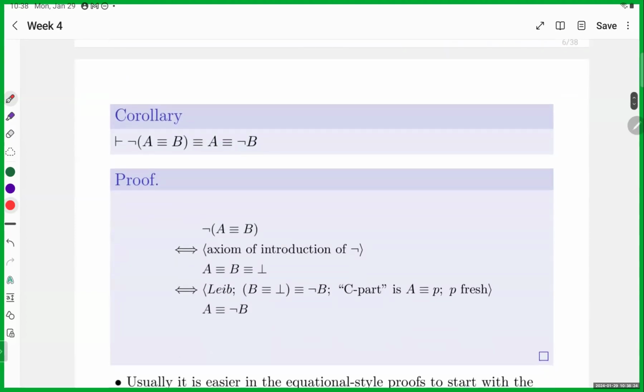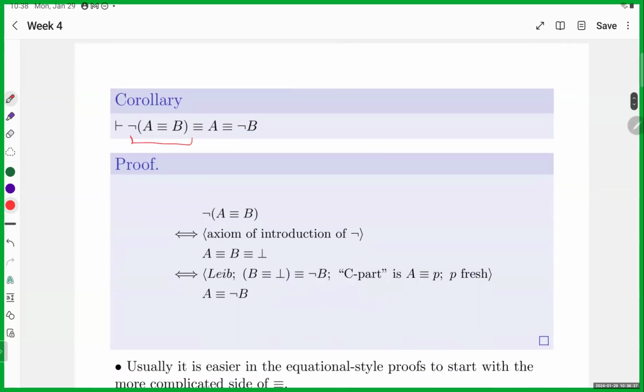The proof of this is the same. Start with negation of A is equivalent to B. Here, just use the axiom of introduction of bottom. This is exactly what I wanted to do last time.